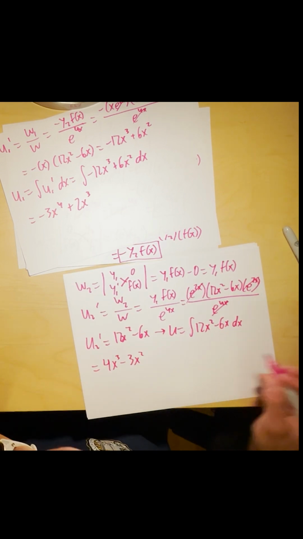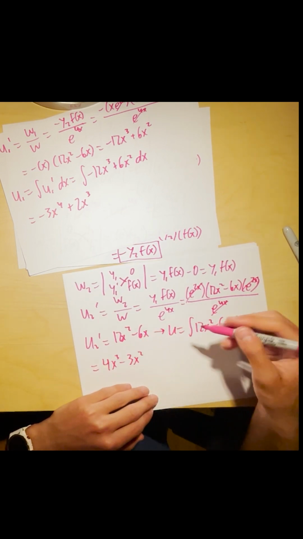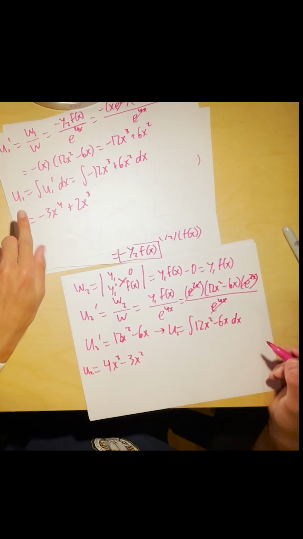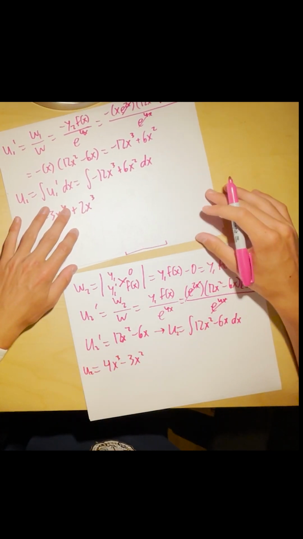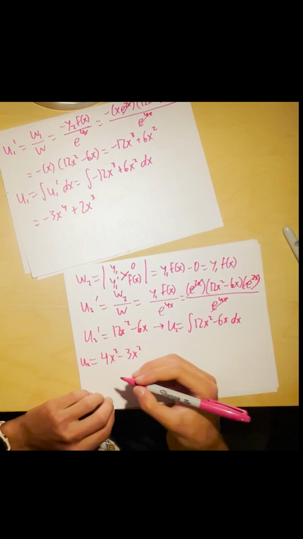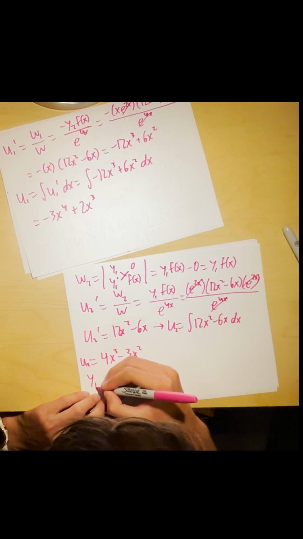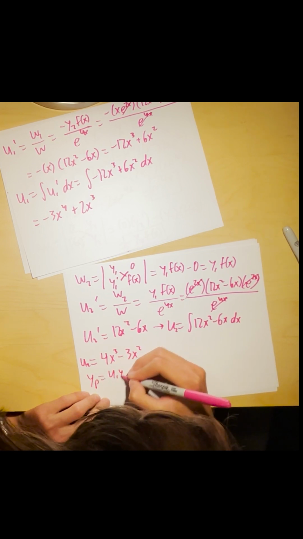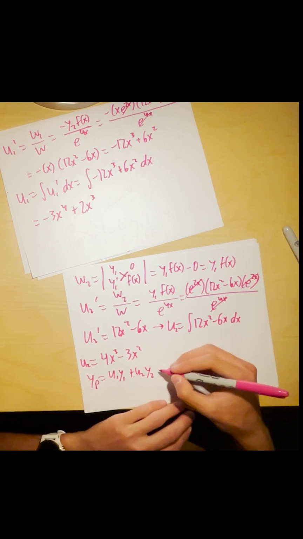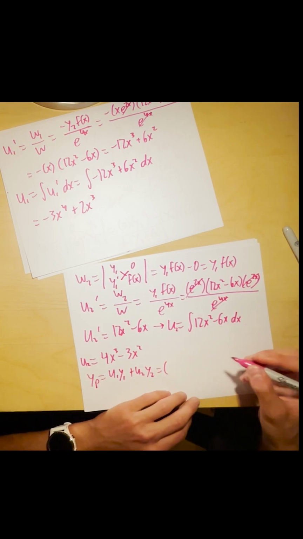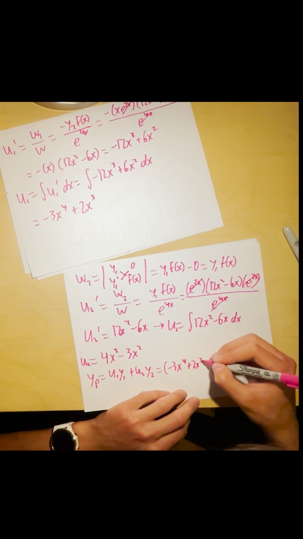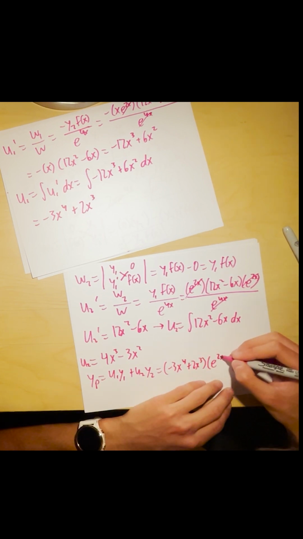Okay, so this is u2, and we got u1 in the previous step. So now actually I can do it right here. Form the particular solution. u1 y1 plus u2 y2. u1 is negative 3x to the 4th plus 2x cubed. y1 was e to the 2x.